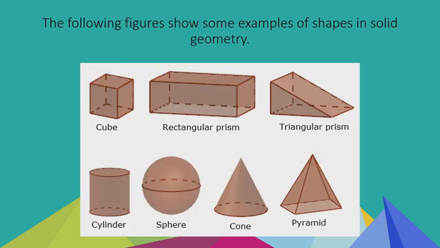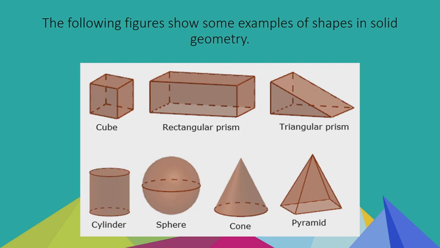First, the following figure shows some examples of shapes in solid geometry. As you are looking at this, these are some of the solids. The first one is a cube. You can see the dotted lines there, which indicate the x, y, and z axes.